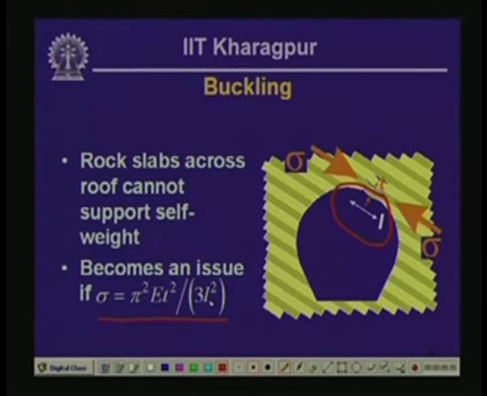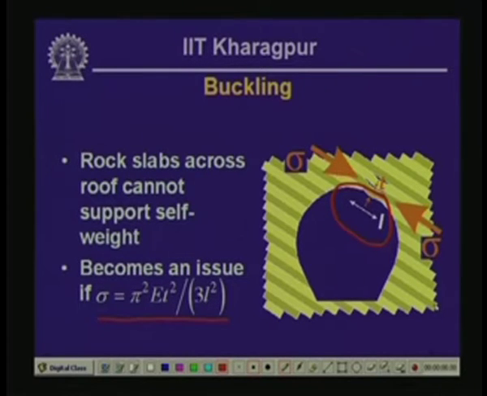In this case E is the deformation modulus of the rock slab that we are considering, t is the thickness of the rock slab, pi is the constant 3.14, and L is the unsupported span of the slab. All these dimensions are shown on the cross section near the right of this particular slide.